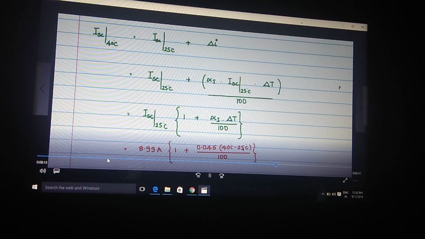The standard temperature is 25 degrees centigrade and the raised temperature is 40 degrees centigrade, divided by 100, and that would give you a value of 8.9968, 0.0068 amps higher than the corresponding current value at 25 degrees centigrade.